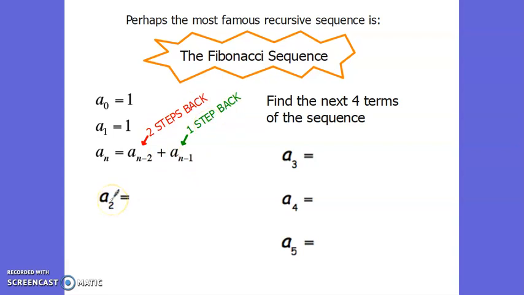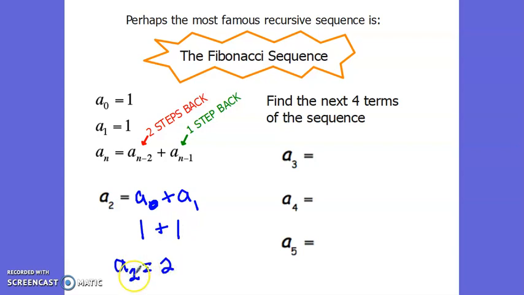So to get a sub 2, again, 2 minus 2 would have been 0, so this is going to be a sub 0 plus a sub 1, since 2 minus 1 would have been 1. Well, a sub 0 was equal to 1. A sub 1 was equal to 1. So a sub 2 equals 2.